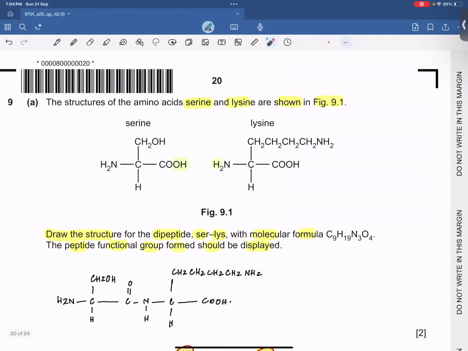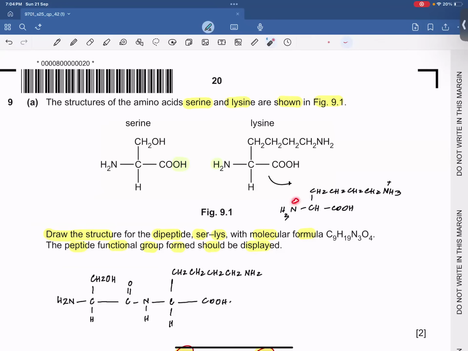So if lysine accepts a proton, it is going to be positively charged, and this NH2 will accept a proton also, so it will turn positively charged.